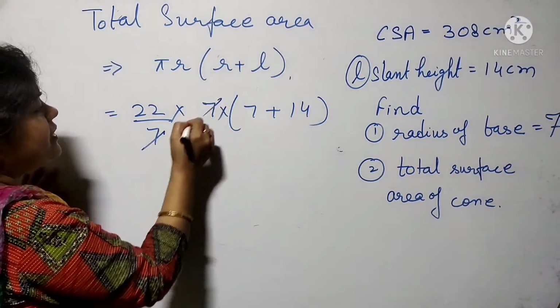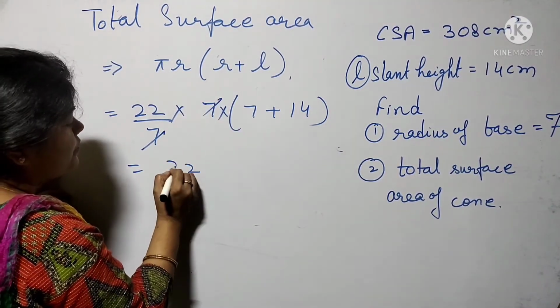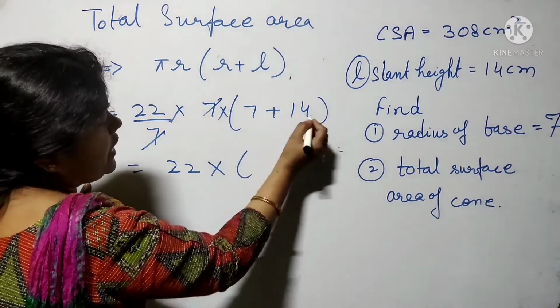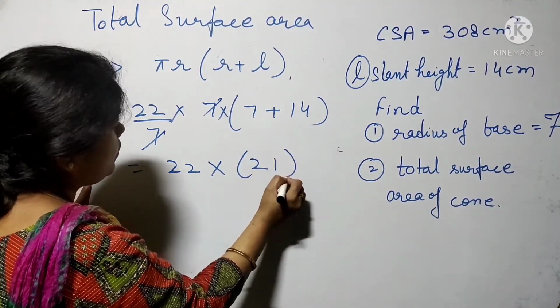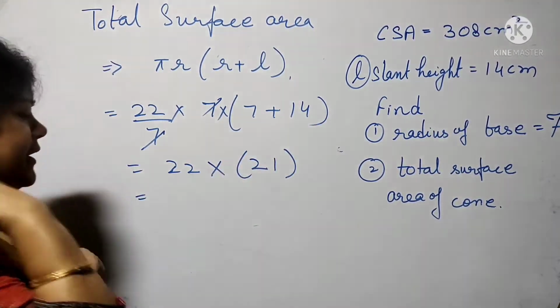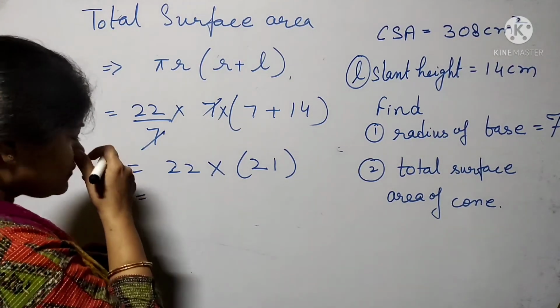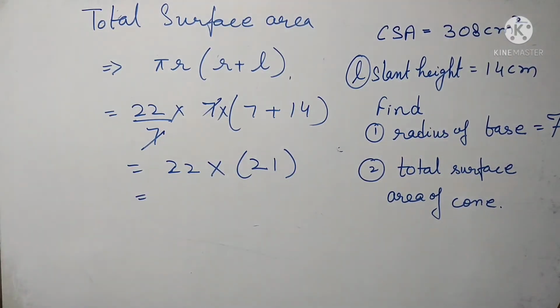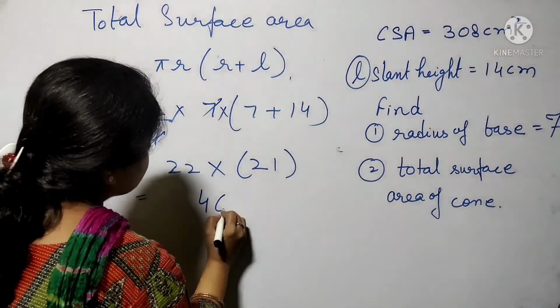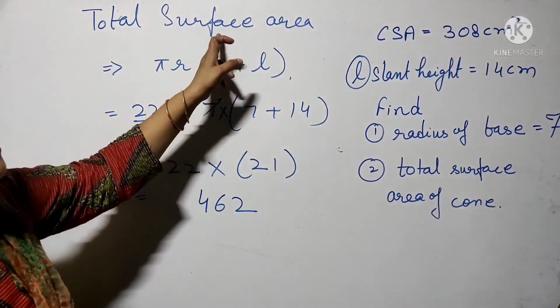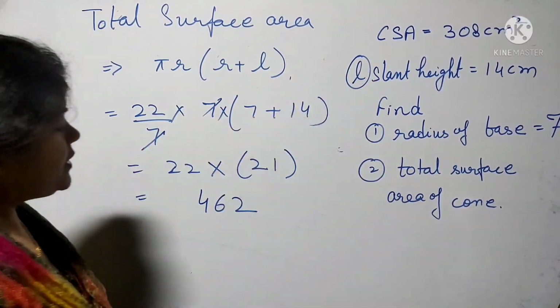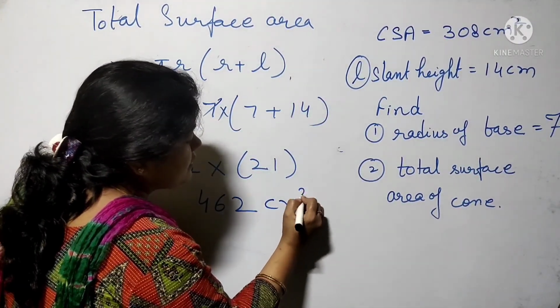Now 7 and 7 get cancelled. 22 into, we have to add, that is 21. Now when we multiply, we get 462, and again it is total surface area and the unit is centimeter, so we write centimeter square.